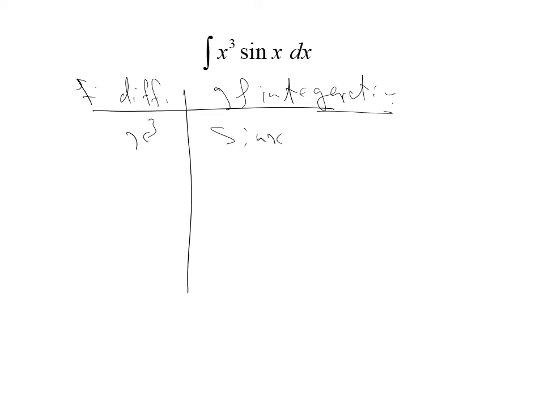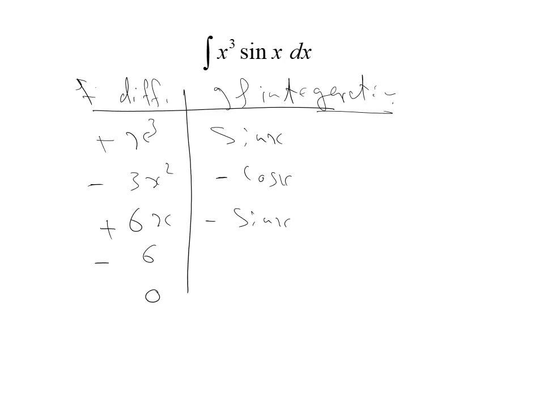We repeat integration. Here x cube will be 3 x power 2, then 6x, then 6, then 0. Here plus, minus, plus, minus. Sine x integrated will be negative cosine. Negative cosine integrated will be negative sine.